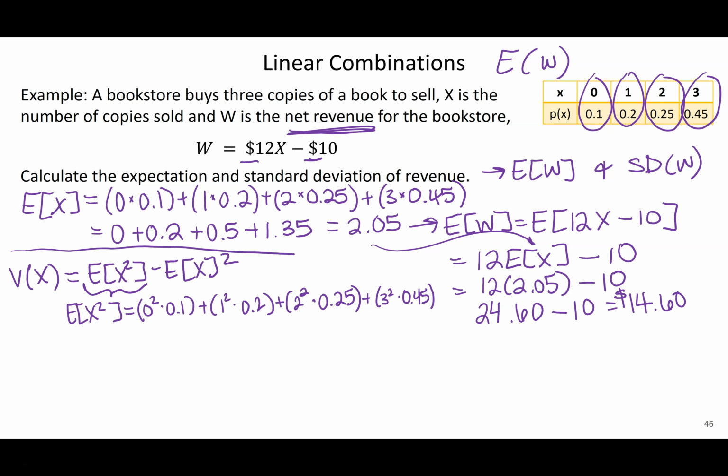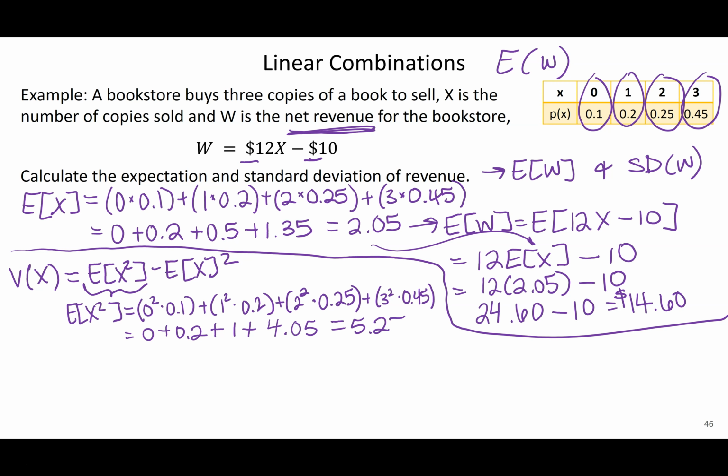So I'm still going to draw that little line just so I can go ahead and calculate. So I'll get 0 plus 0.2 plus 1 plus 9 times that, 4.05. So I'll get 5.25.